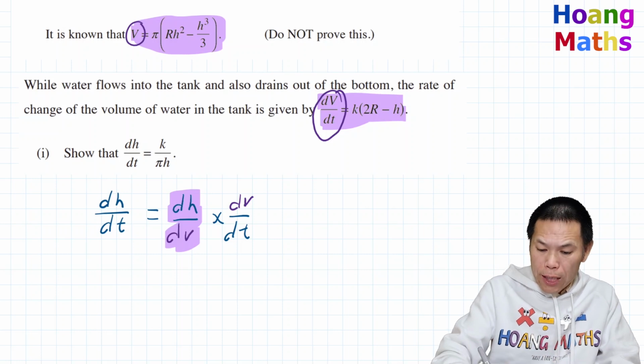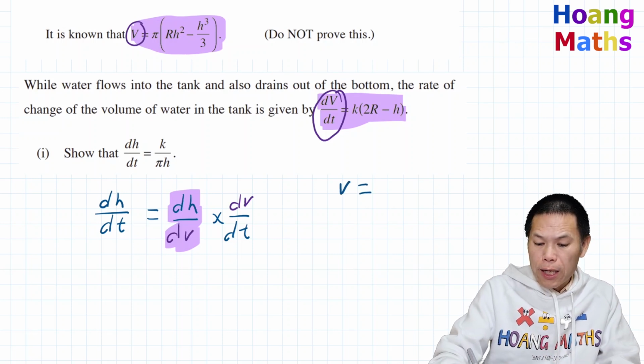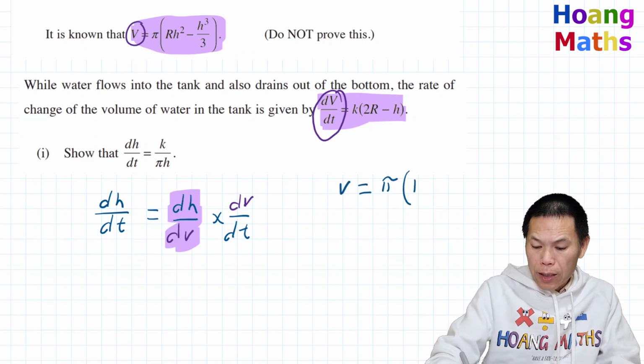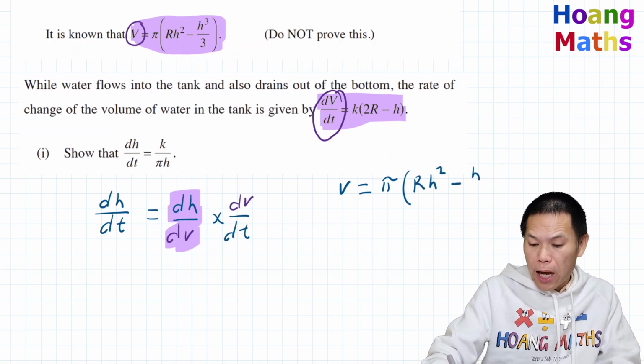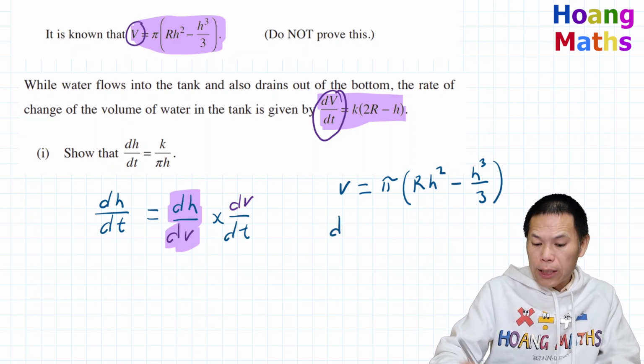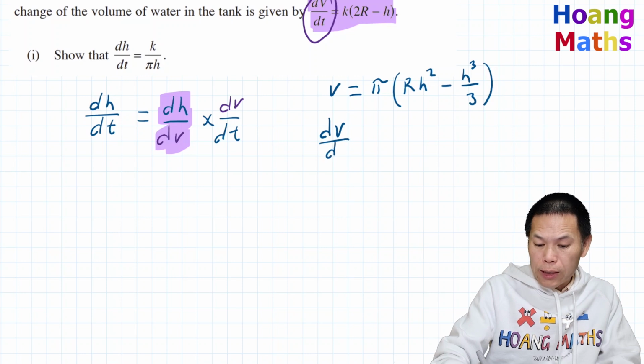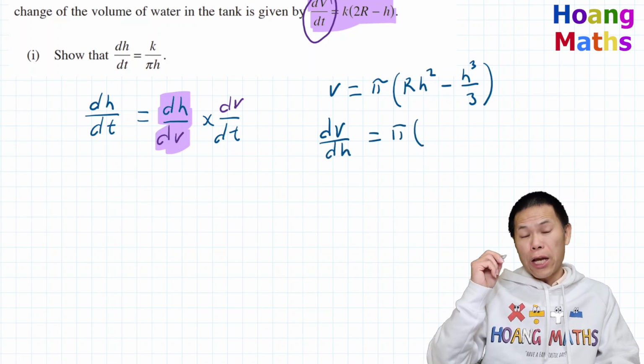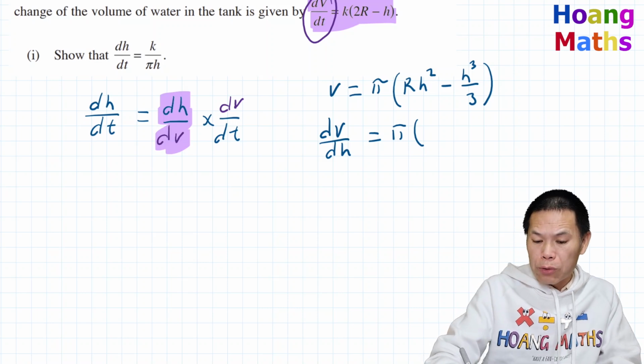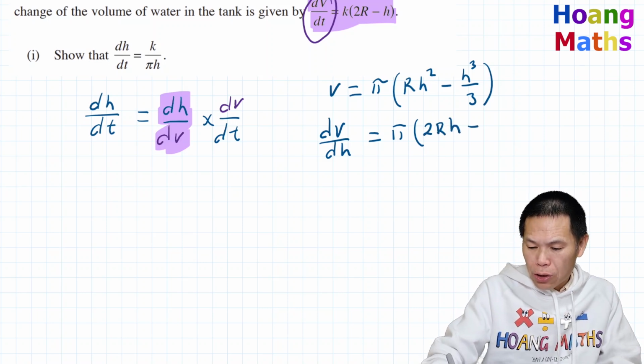And we know that V, let me write this down, V is pi times r h squared minus h to the power 3 over 3. So we differentiate this. So dV/dh will give me pi, and then h squared would bring down to become 2rh, minus 3h squared over 3.